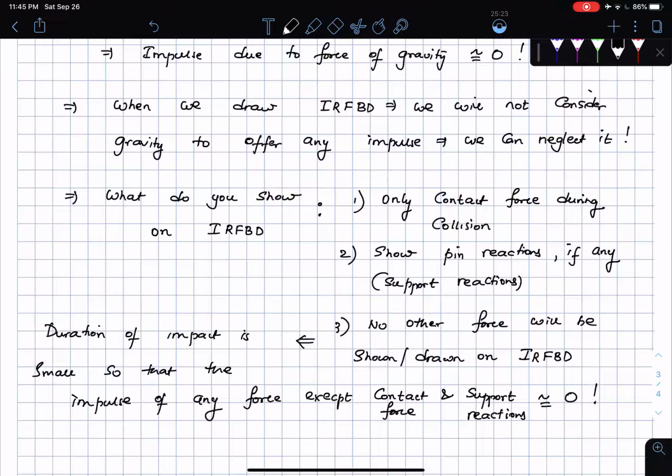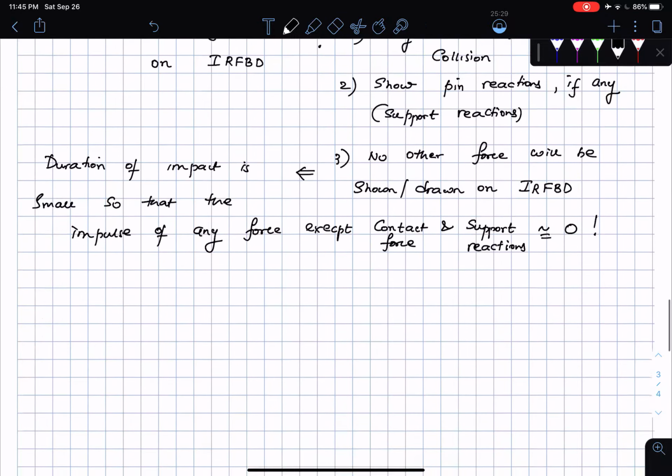Which means that you don't show any other force on the impact relevant free body diagram. So if I draw the impact relevant free body diagram, it's going to be really easy for me.